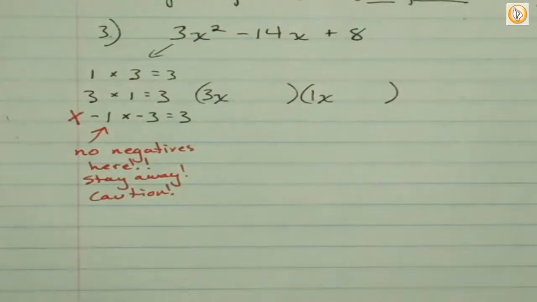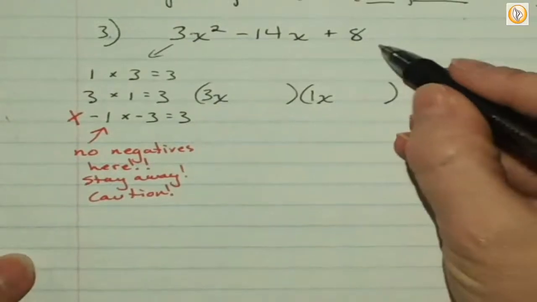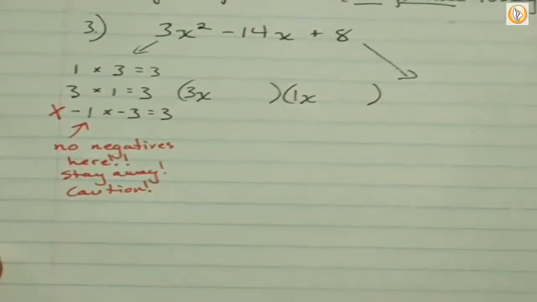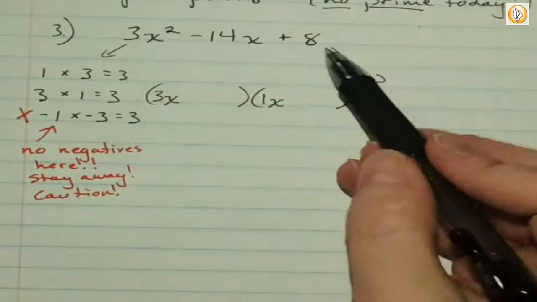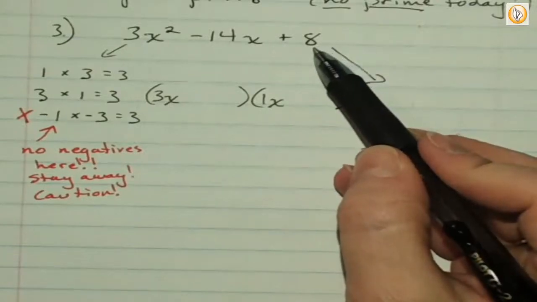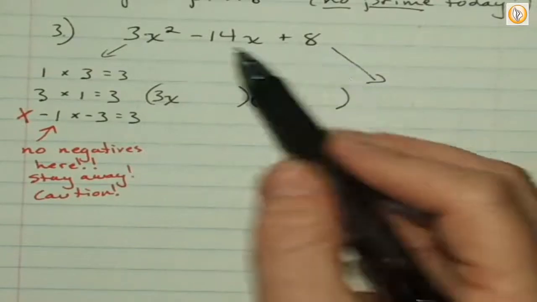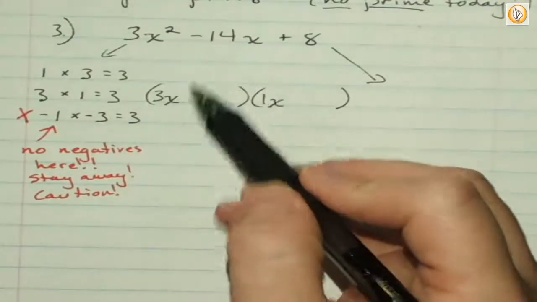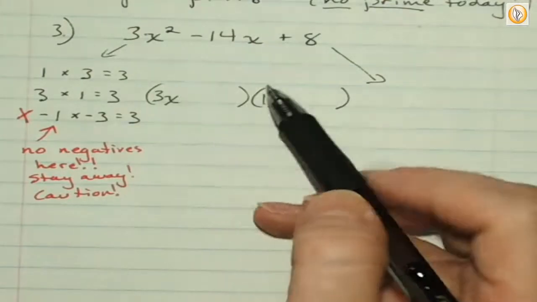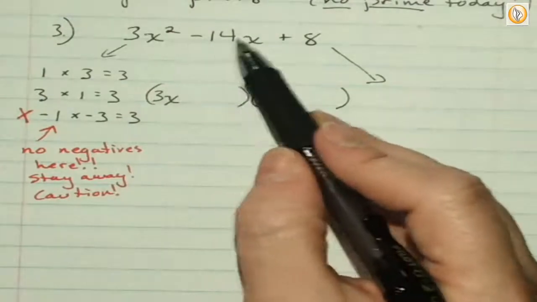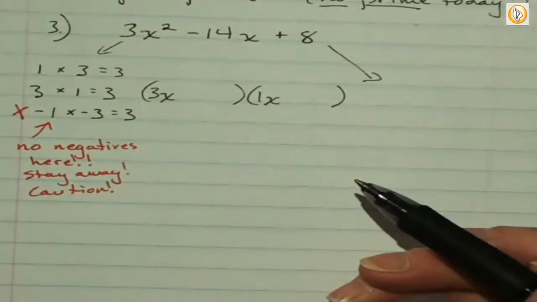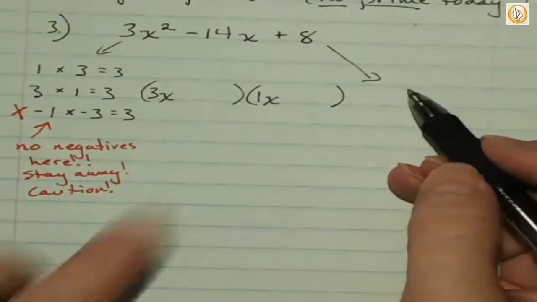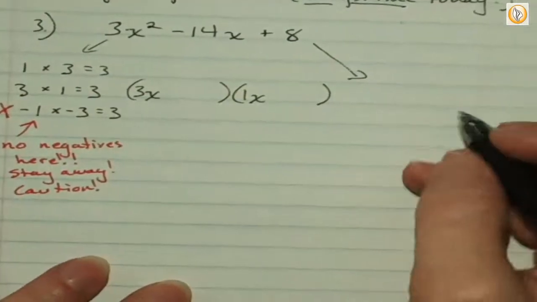Okay, then over here, we're going to find all the ways that we can get 8, positive 8. But keep in mind, we also have to work with this 3 and this 1 to get negative 14. That's going to be fun. So let's find all the ways that we can get positive 8.